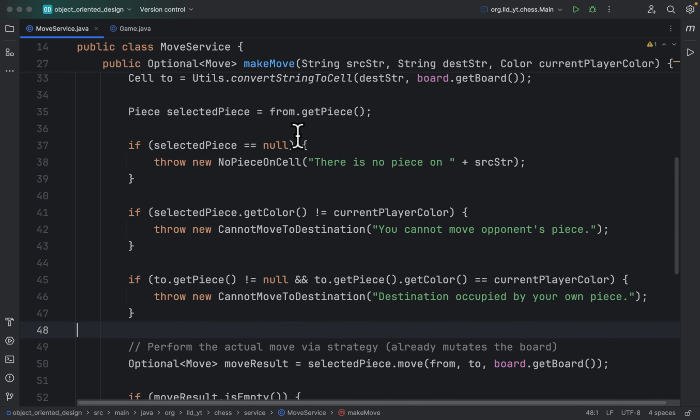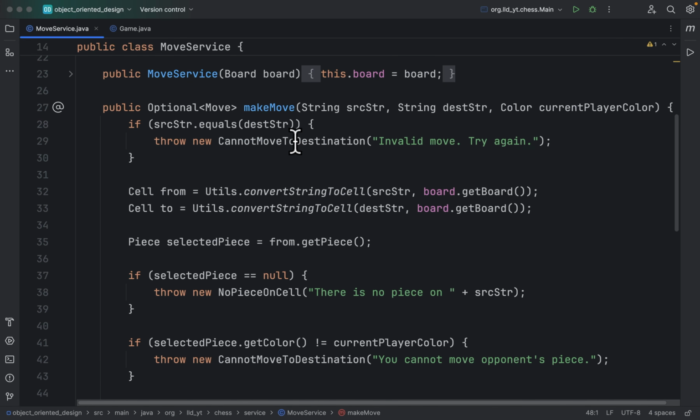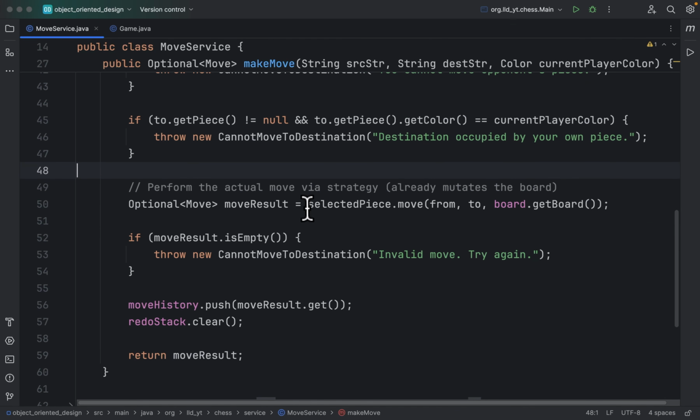And if all these conditions are false, then in that case, we would actually move the piece using the strategy. Okay. So if this was a queen, then queen will try all the different strategies like horizontal, vertical, and diagonal in order to move from source to the destination.